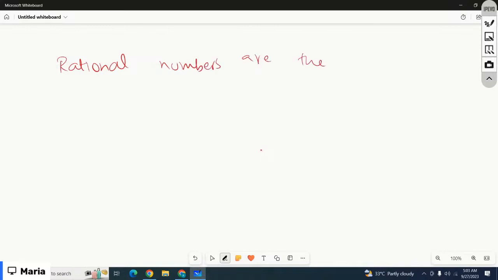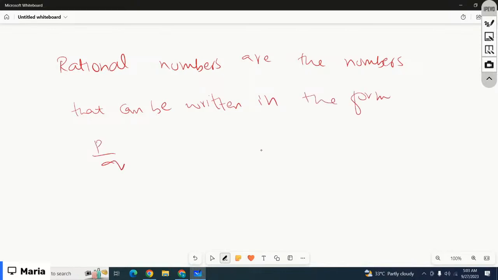Rational numbers are the numbers that can be written in the form P by Q, right? Like you can write them in the fractional form.